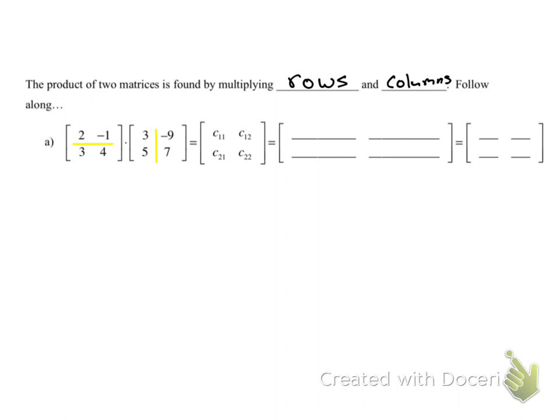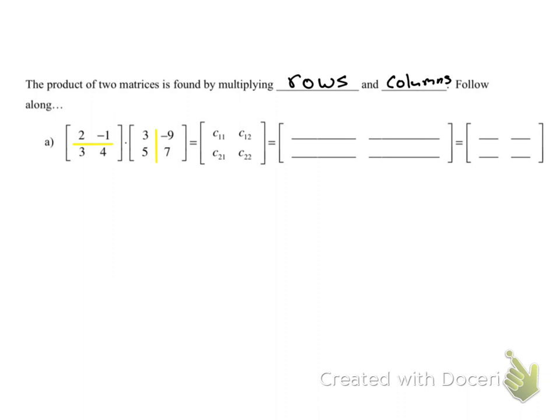So you see the C11, C12, C21, C22. The 11 means the first row, first column. The 12 means the first row, second column. 21, second row, first column. The 22, second row, second column. That's where the location goes. You'll see the pattern as we do this, okay?